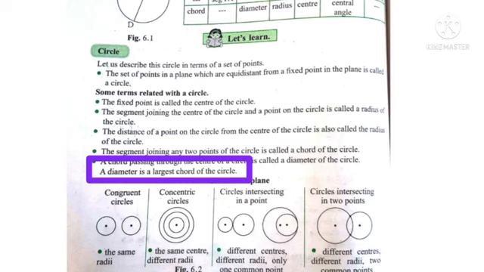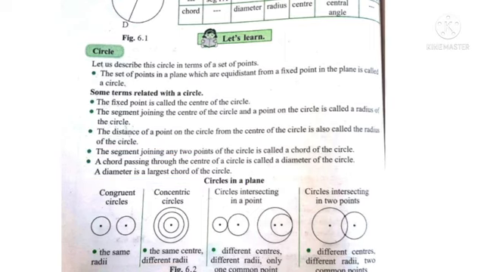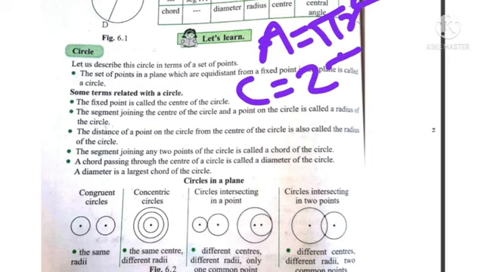Also you had learned circumference of circle, C, and area of circle. Area of circle, A is equal to pi r square, and also you had seen C is equal to 2 pi r, circumference.